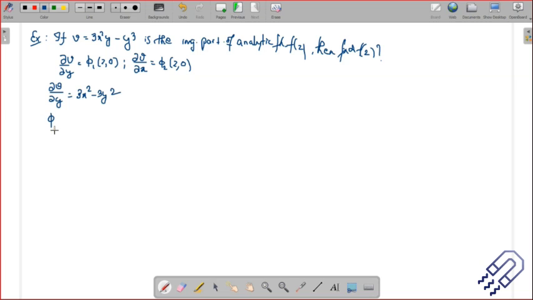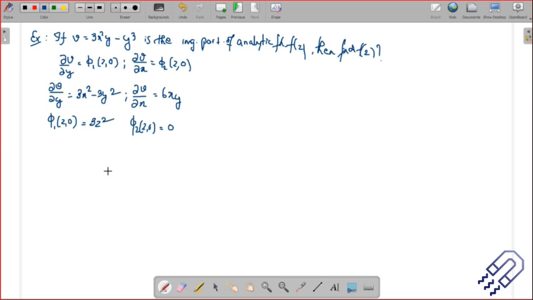So phi 1 (z, 0) is going to be 3z square. On a similar note, find del v del x, all of you do it on your own. It's very important. It is 6xy, so phi 2 (z, 0) is equal to 0.